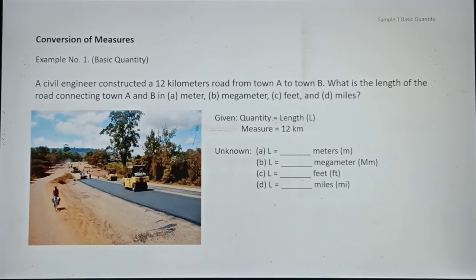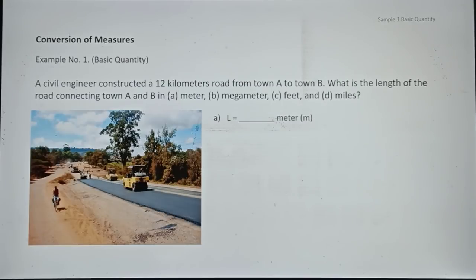So, to express the measure with the required unit, we need conversion factors. Now, let's do the conversions one by one. In letter A, we are required to determine the equivalent of 12 kilometers in meters.